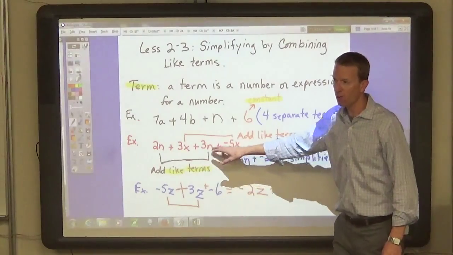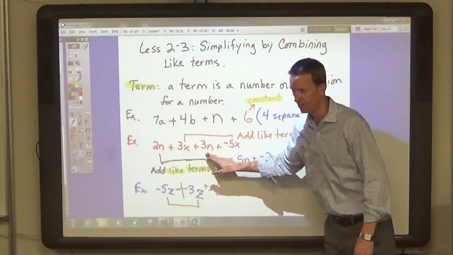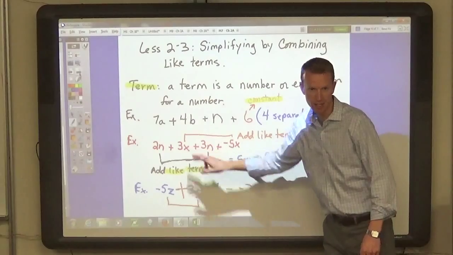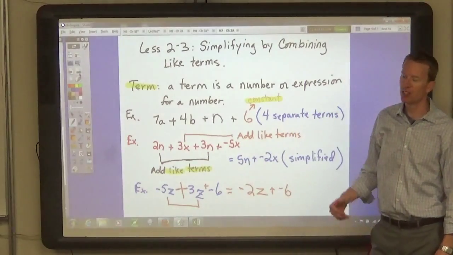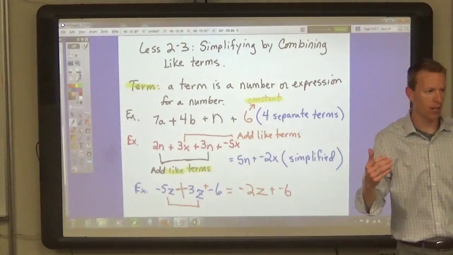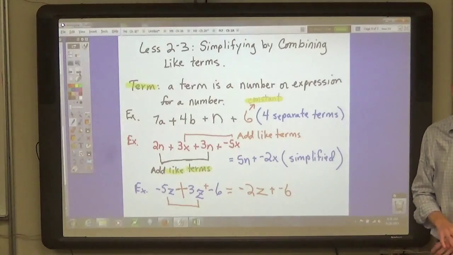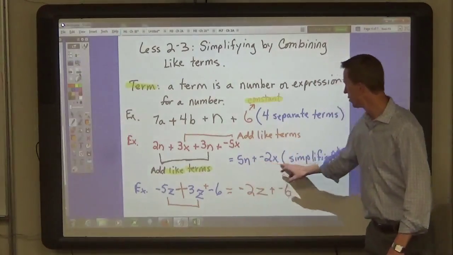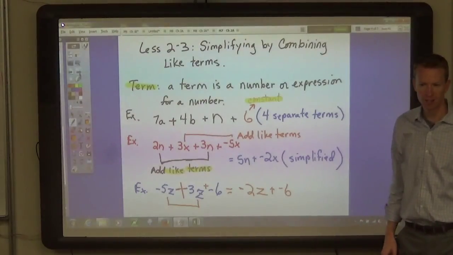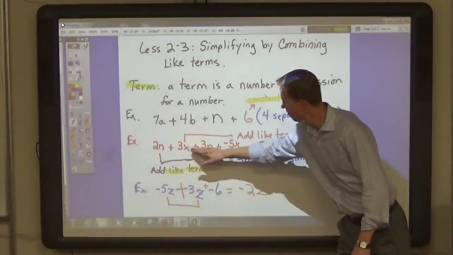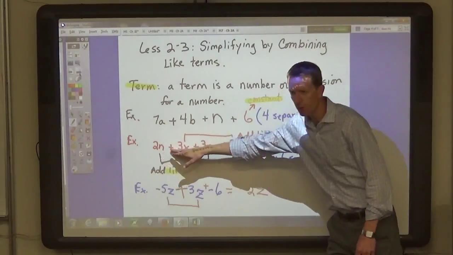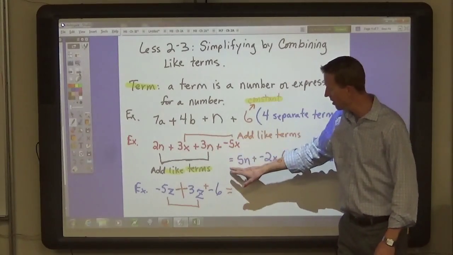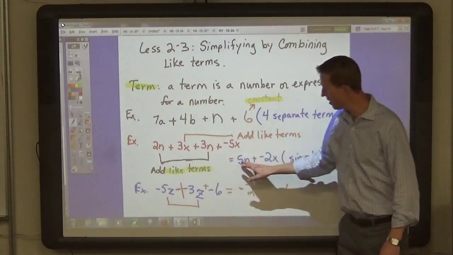So if we can do that, we can just combine these. We can combine these because we're adding. Which is another reason, class, why I have to insert a plus sign in front of the minus sign, okay? 5n plus negative 2x. That's what this is simplified. We started with this, and you combine 2n plus 3n, you'd have 5n.